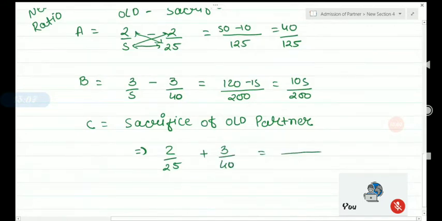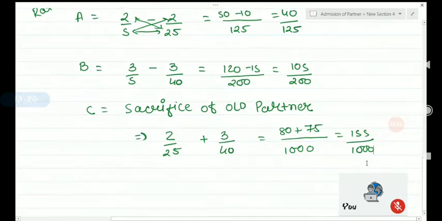Fraction will be definitely too large. That will be 1000. 40 2s are 80 and 25 3s are 75. So the answer will be 155 upon 1000. No problem. Exactly, I took some fractions in such a manner that definitely the answer will be a big fraction.